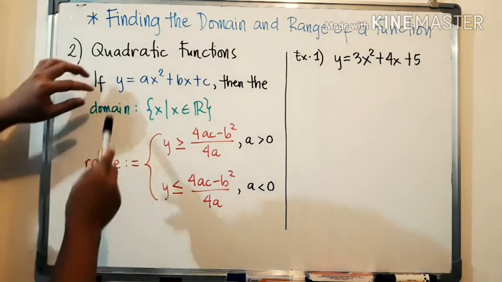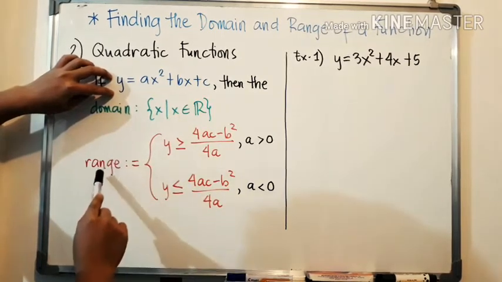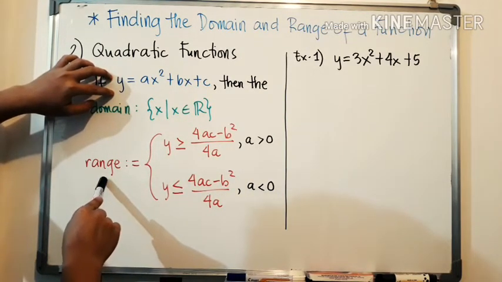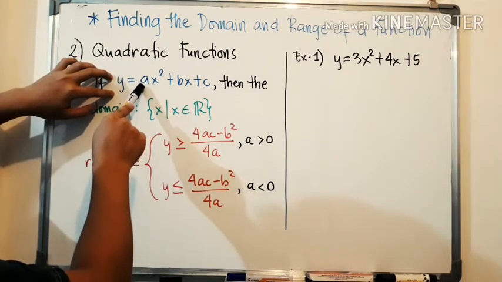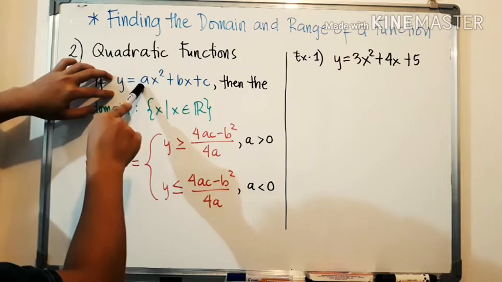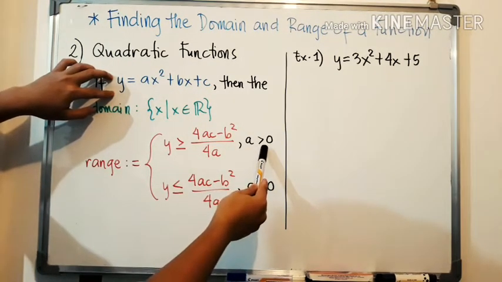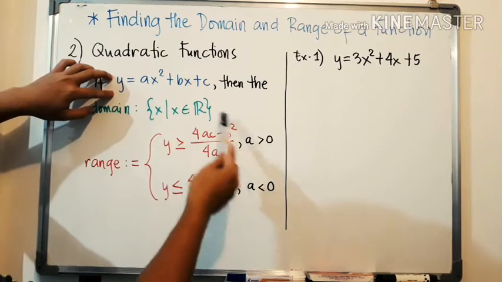Meaning, kapag yung quadratic function natin, okay, if we are to determine the range of a quadratic function, unang titingnan natin is yung numerical coefficient ng leading term, and that is a. If a is positive or a is greater than 0, then our range is the set of all y's greater than or equal to this expression.